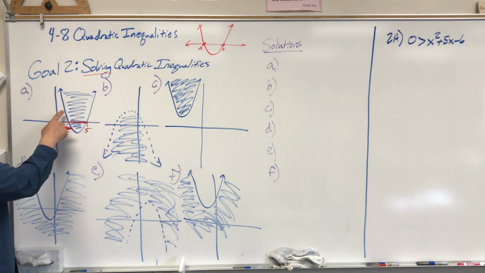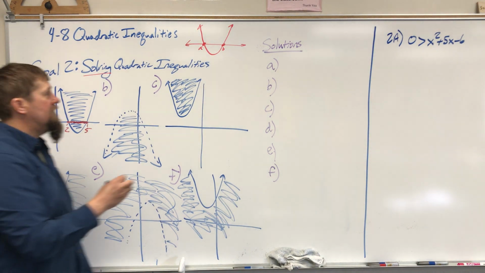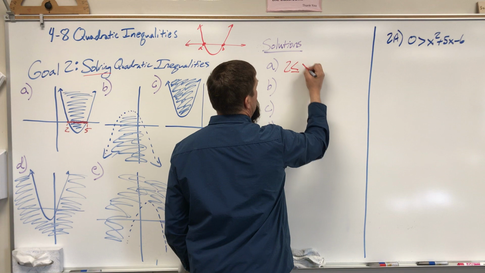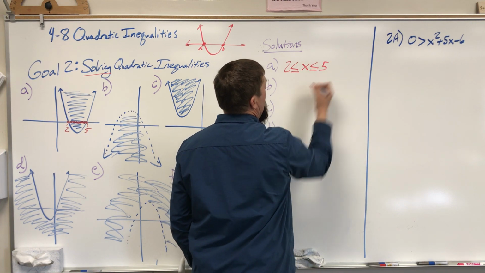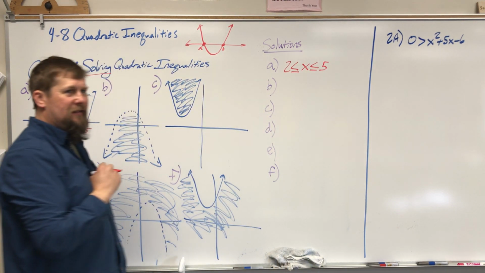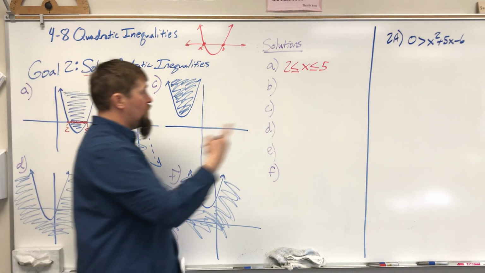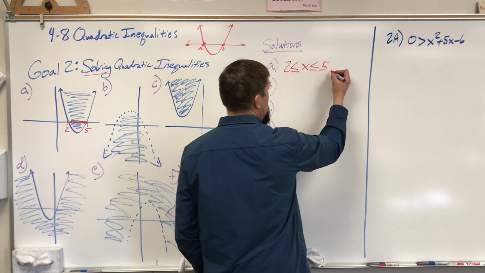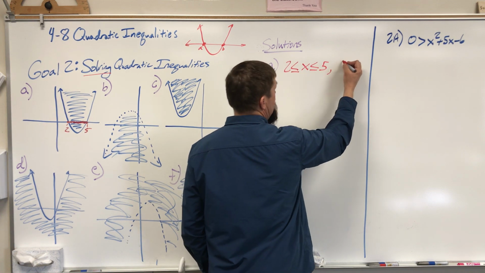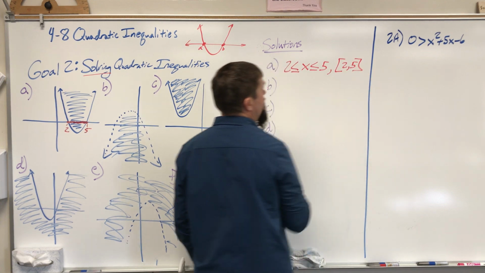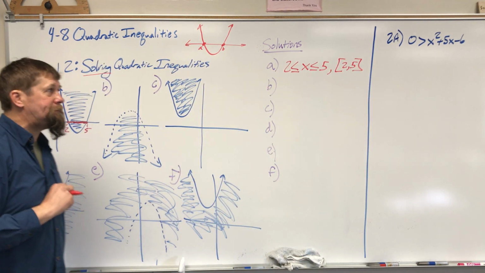The solutions of a situation like this are everything from 2 all the way up to 5. So x is anything between 2 and 5. Now, you could write this using interval notation, which of course would be everything from 2 to 5. You could do it that way as well.